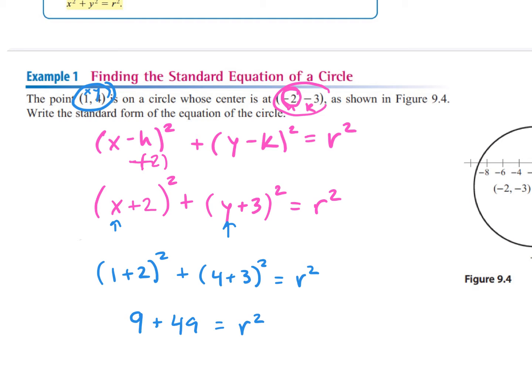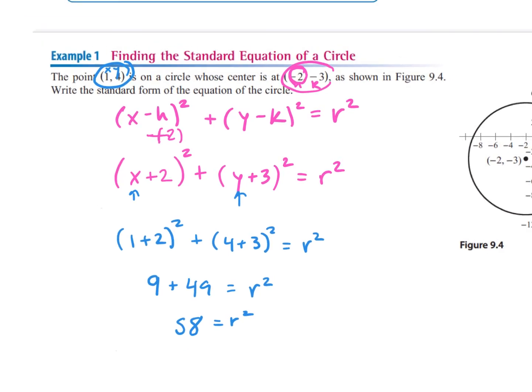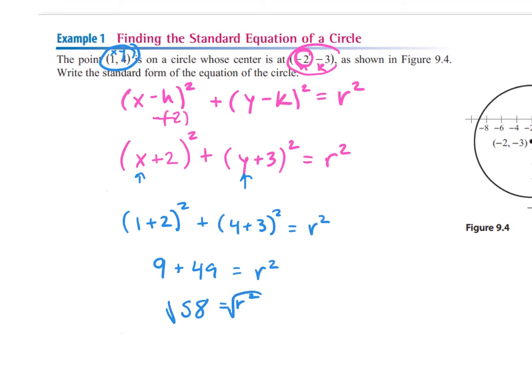So 9 plus 49 is 58. That's equal to r squared. So we could take the square root to find our radius. So our r is equal to square root 58.